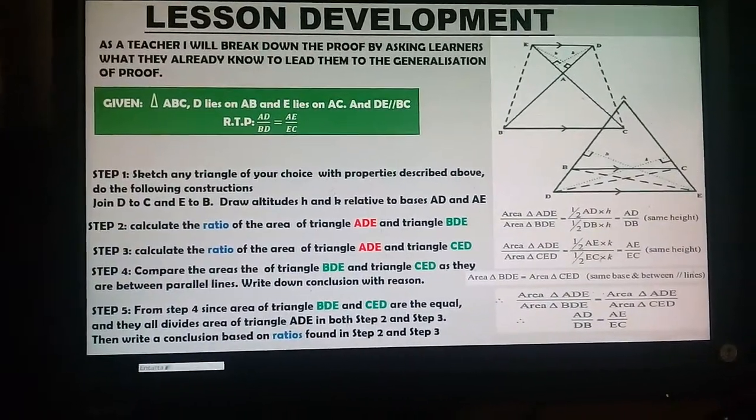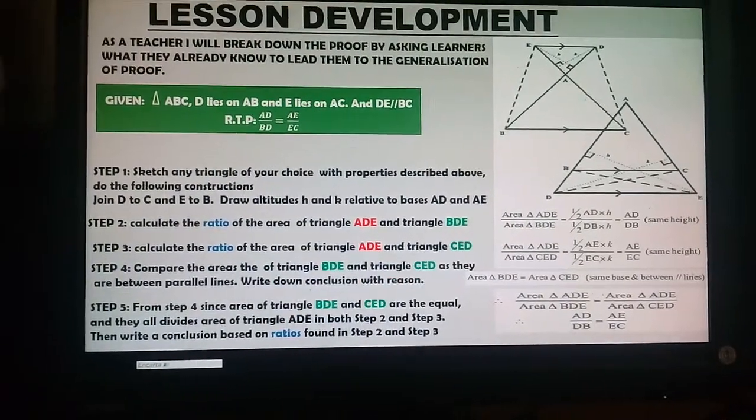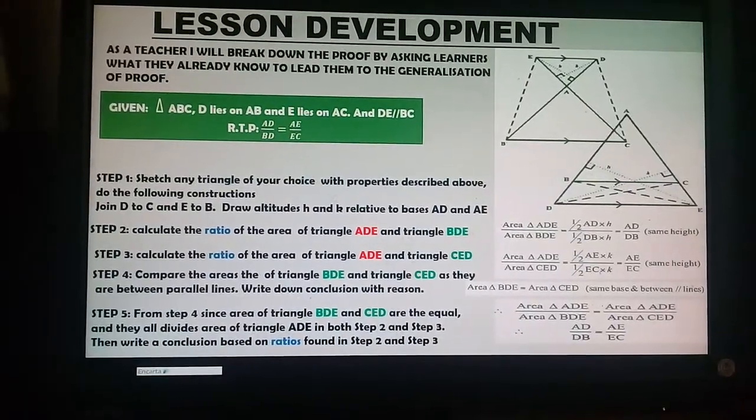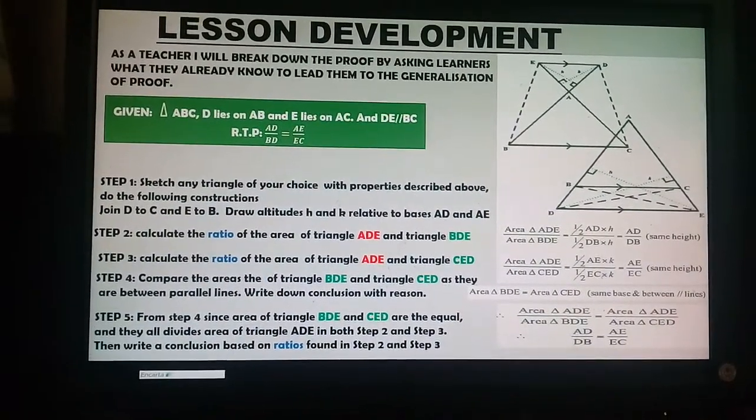Now step number 5 is my final answer. I got that AD divided by BD is equal to AE divided by EC.